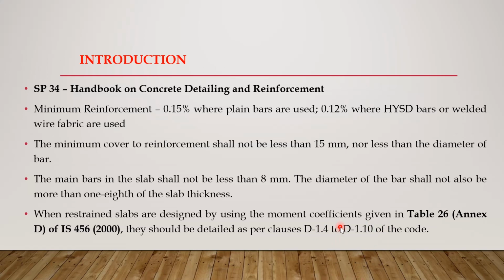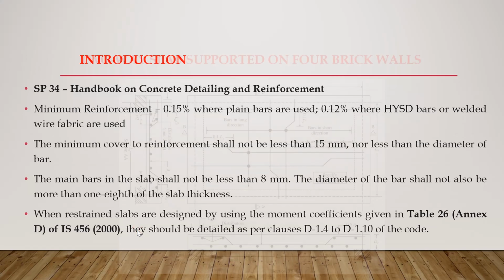I also said that we would go into those points when we were designing the slab. So our detailing is based on those same clauses, D-1.4 to D-1.10 of the code, and these 6 or 7 clauses are from Annex D of IS 456. So this is the introduction to the detailing of restrained slabs.